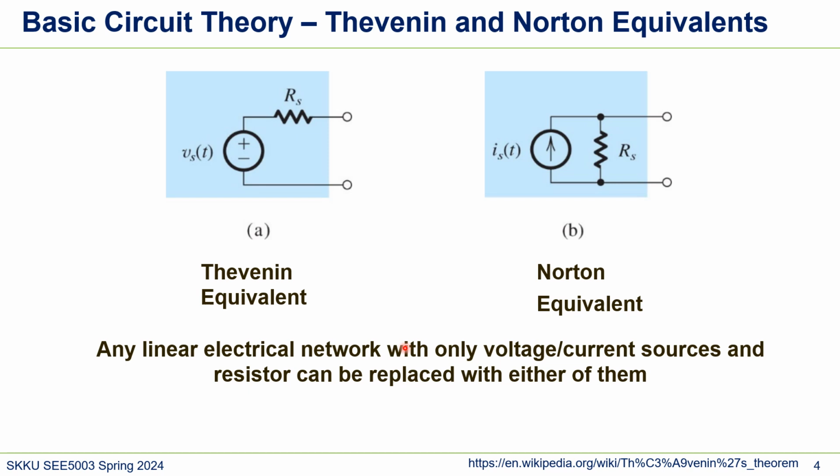No matter how many of them some complicated circuit has, we can always replace it with either of these, which means we can compress that complicated circuit into either of these very simple circuits, with a voltage source or a current source.